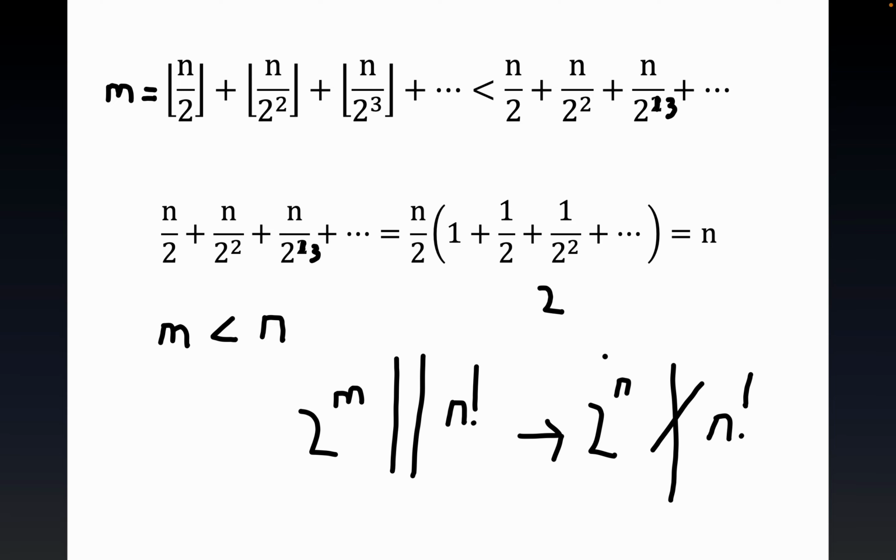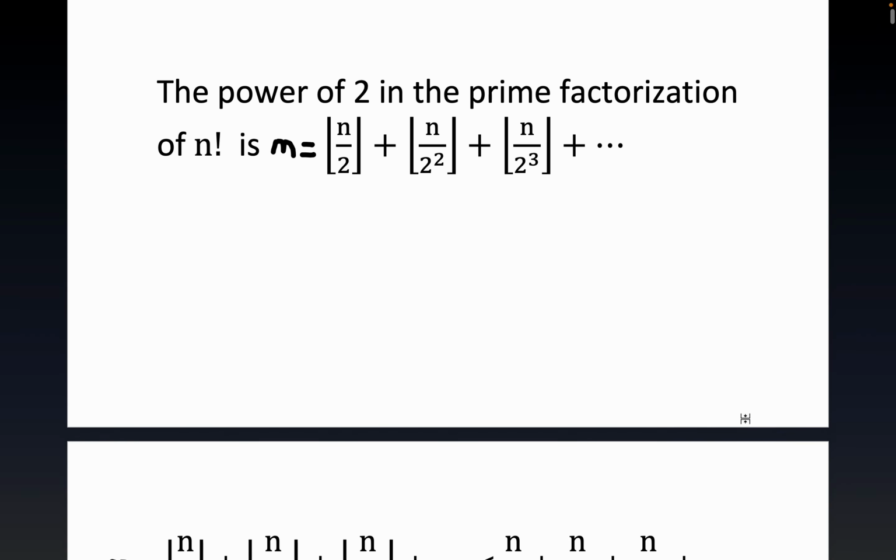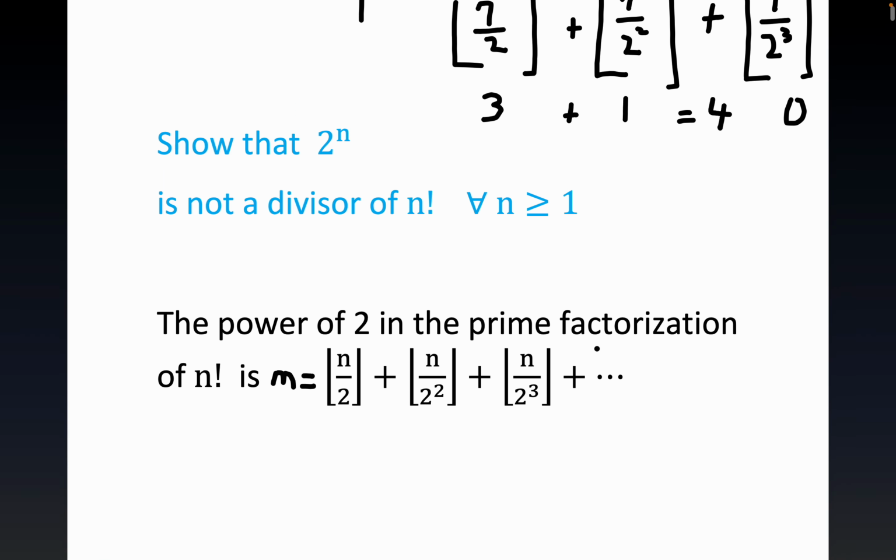Okay, folks, and so that's QED time, because we've shown that M is strictly less than N, and 2 to the M is the power that would divide N factorial exactly, but no higher power would do it. And so that means that 2 to the N does not. And that's what we were trying to show, that 2 to the N is not a divisor of N factorial.